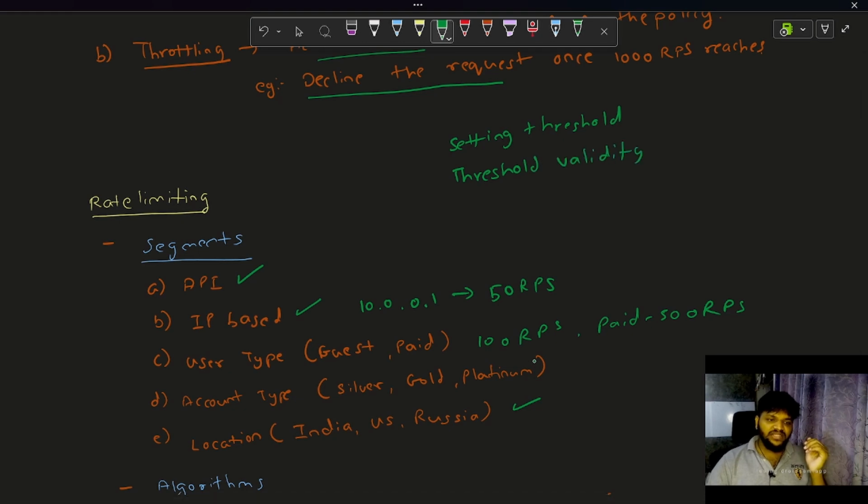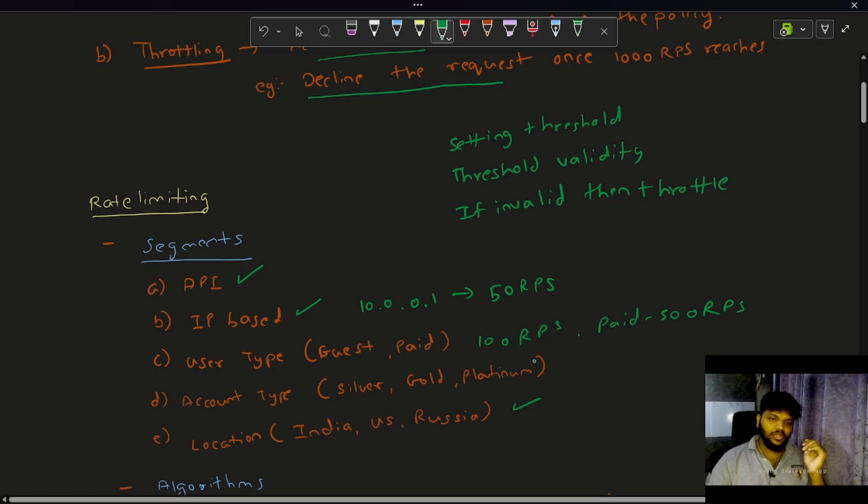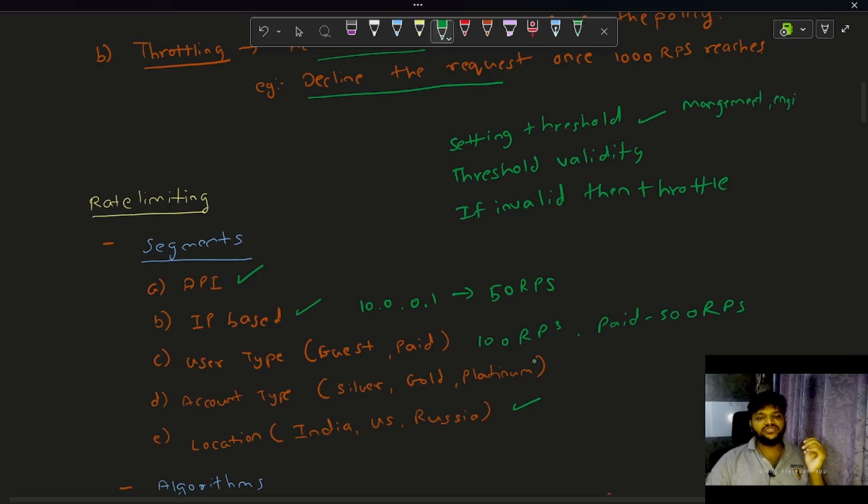And then the final part is, if invalid, then throttle. So the management engineer, whoever is there, is going to set this. Now threshold validity is where rate limiting algorithms come into play.